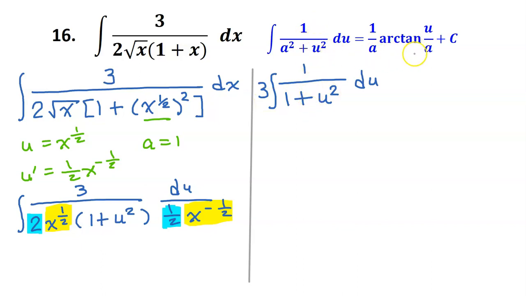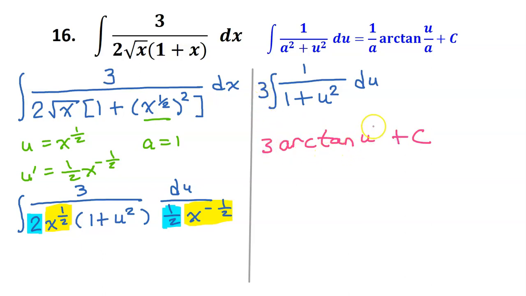So let's go ahead and do it. So we have 1 over a, but we decided that a would equal 1. So I don't really even need to write that because that's 1 over 1. So I will move on to the arctangent of u over a. So that's really just u plus c. Don't forget about the 3 that's in the very front though.